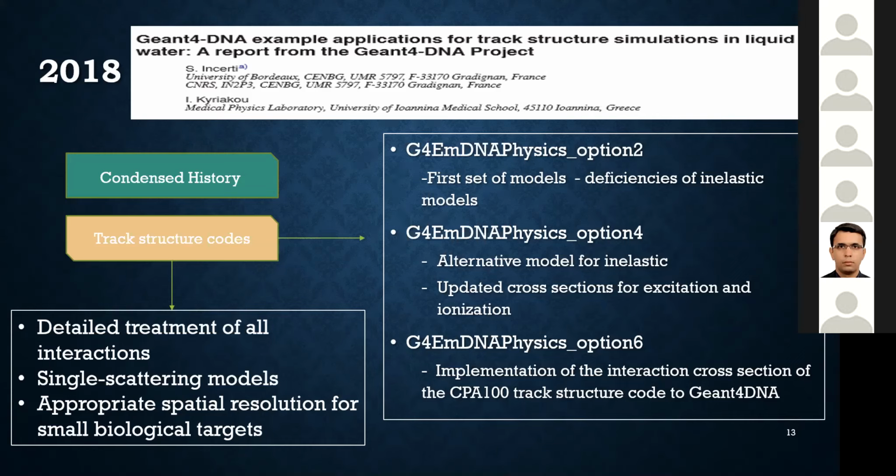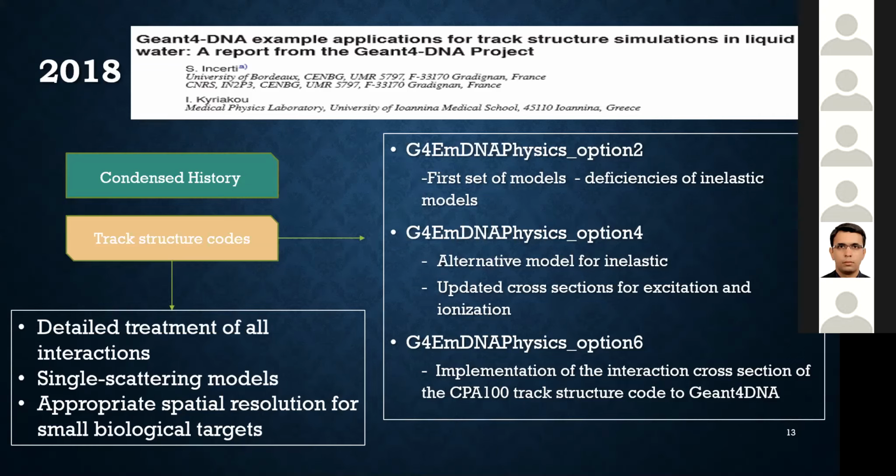So if you are doing a simulation in Geant4-DNA, when the physics is called, it can call any of these constructors that I list here. There are 3 that are essential, well, the most important ones: the Geant4-DNA physics option 2, option 4, and option 6.